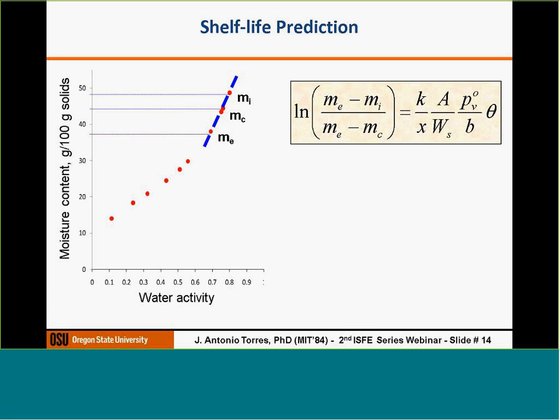And we are losing weight. The product would be at risk of not being in compliance with our label, because if we said that we had 1 kilo in our product and we lost moisture content, it is no longer 1 kilo, and we are in violation of the labeling law.